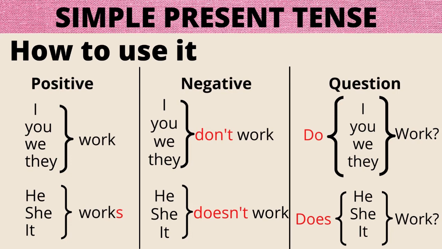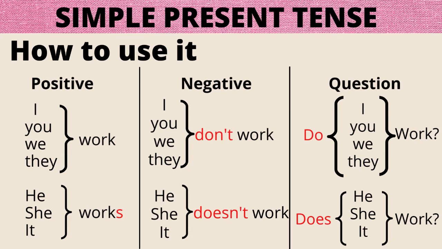So when we make a positive statement, we need to add an S sound to the end of the infinitive verb. When we are making a negative statement, we don't need to make any changes to the verb, just a plain infinitive verb. So we can say he doesn't work, she doesn't work, it doesn't work.